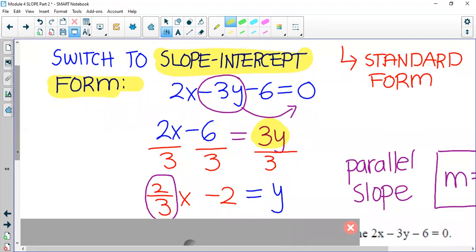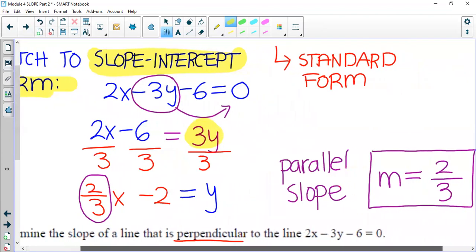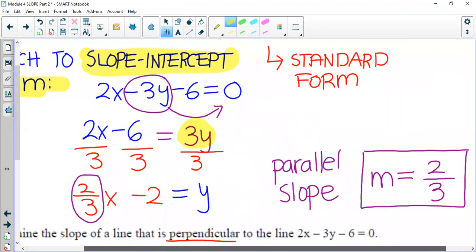Okay, but now that's the equation in slope-intercept form. But what is going to be the parallel slope? What is the slope parallel to this line? Yes, parallel slope means we have to have the same slope.